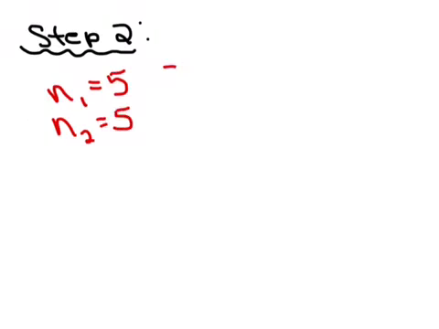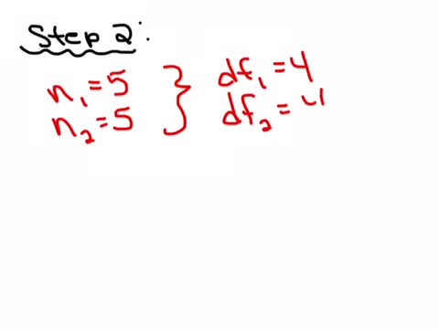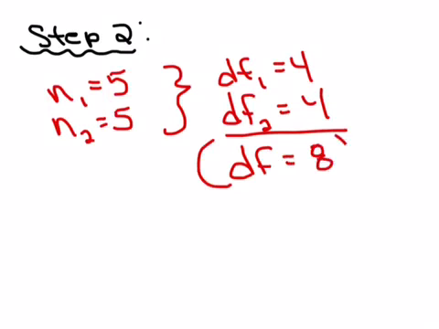So degrees of freedom for group 1 equals 4, degrees of freedom for group 2 equals 4. If we combine those for our t-crit, we have degrees of freedom equals 8.